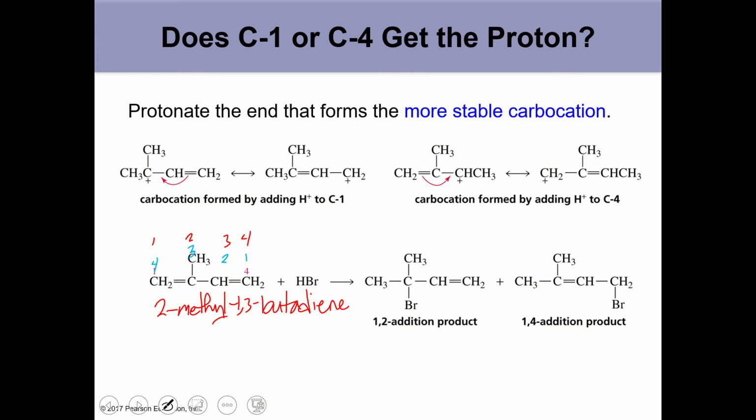If for our diene addition carbon 2 has the most stable position for a positive charge, then we would get this cation in blue, so that gives us a secondary allylic cation.